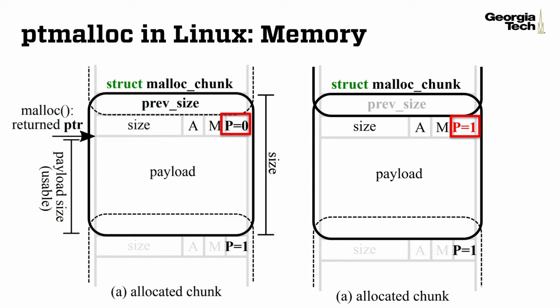For example, when P, the previous in-use flag, is 0, it means that the previous chunk is free and the previous size contains a valid size. In other words, the previous size is part of the payload region of the freed object. On the other hand, when P is 1, the previous chunk is in use, so the previous size element is not valid. In fact, previous size is now a part of the previous object.